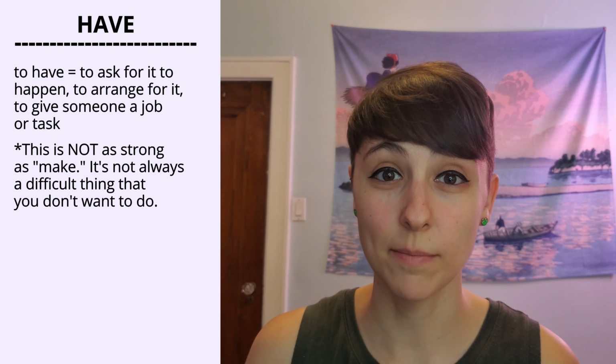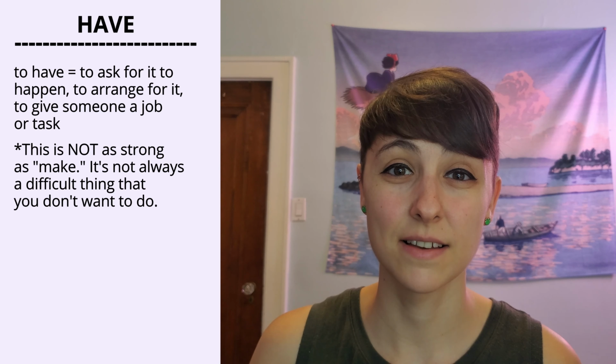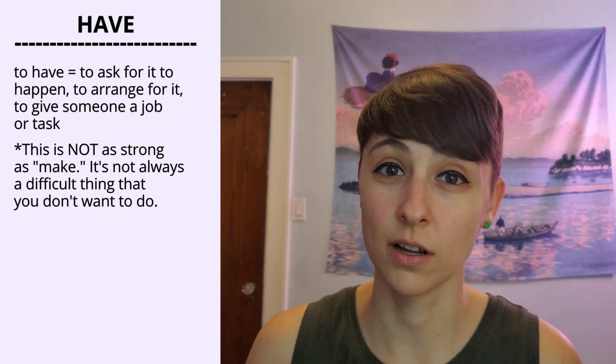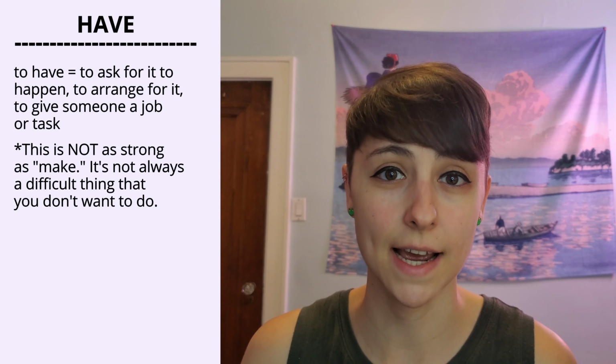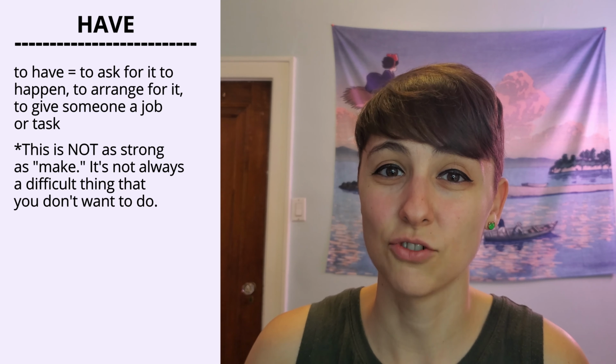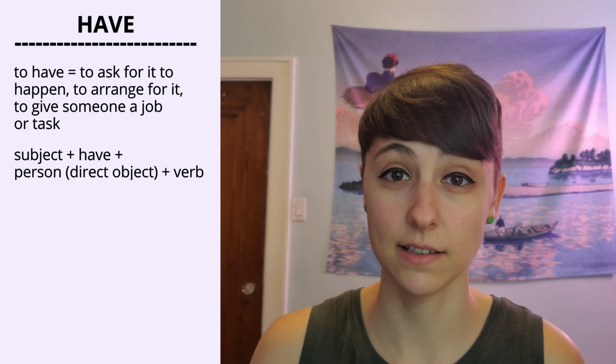Having someone do something is not as strong as saying that you're making someone do something, but it still involves some sort of service or job or task. It doesn't necessarily sound like a job or action you would hate to do. It doesn't sound that strong. The basic active sentence structure looks like this.